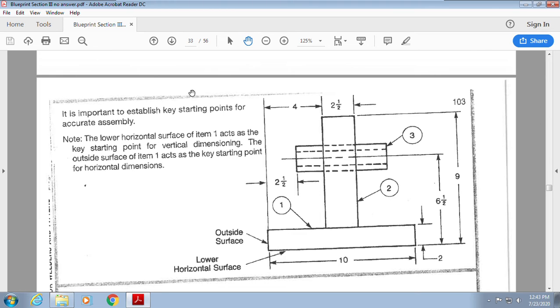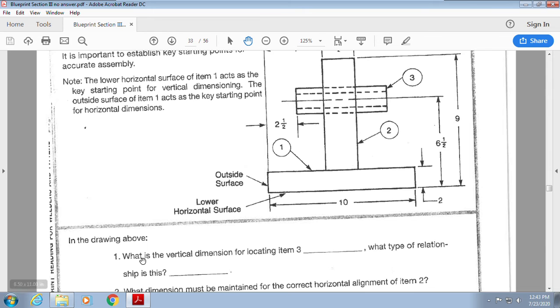So it's saying item 1, this piece right here, the outside surface and the lower surface are where we want to start it. So this is kind of like our base plate, okay? So it says this lower surface is going to help with our vertical dimensioning and where it needs to go. And then it says the outside here is going to tell us the horizontal dimensioning. Hope that makes sense a little bit.